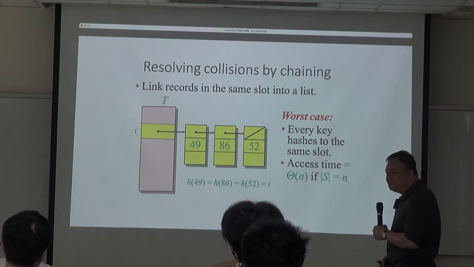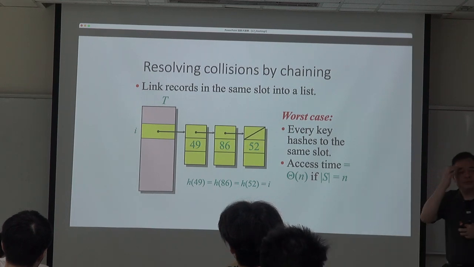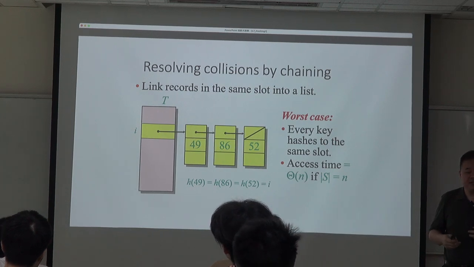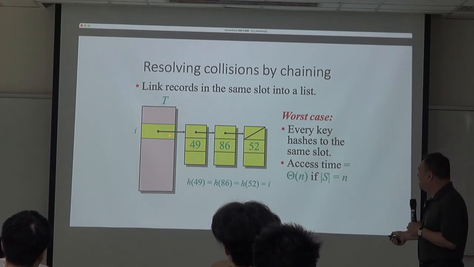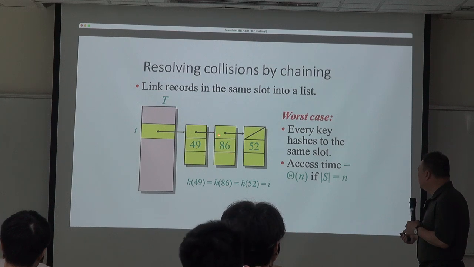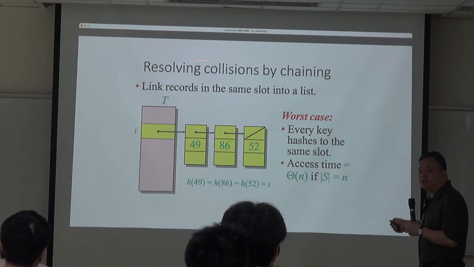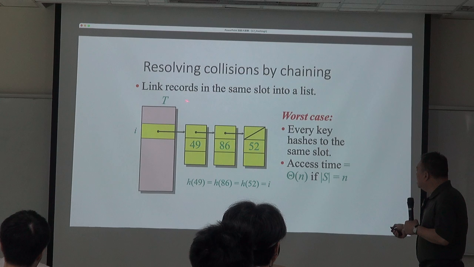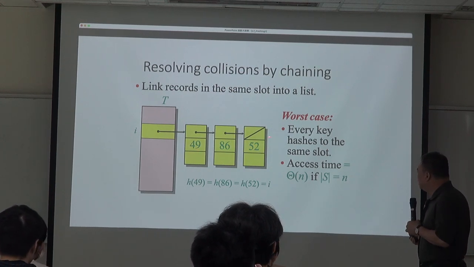So how do we deal with it? One way is that for each location in the array, instead of storing only one record, you can use a linked list. You know linked list from data structure, right? So you can use a linked list to store multiple records.